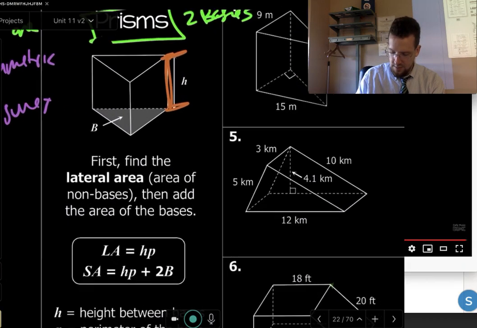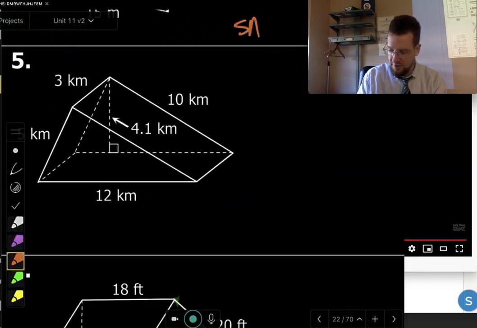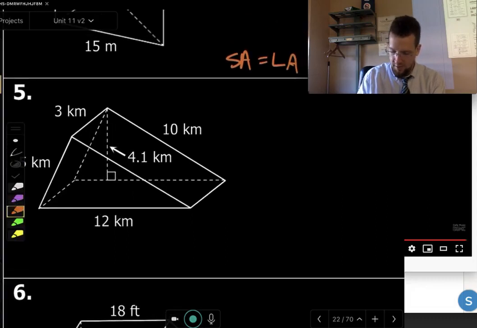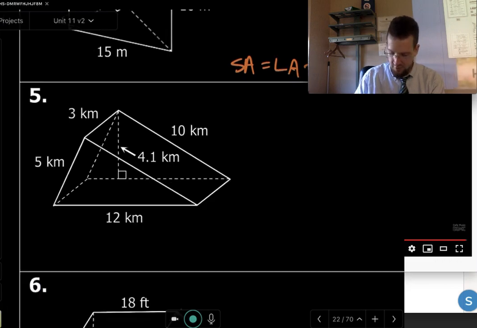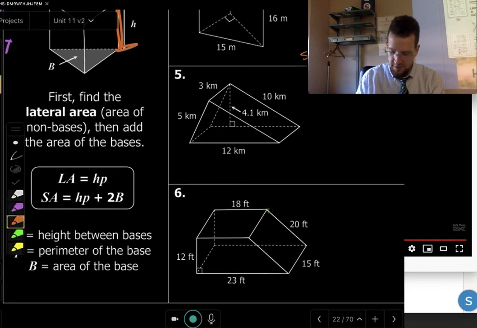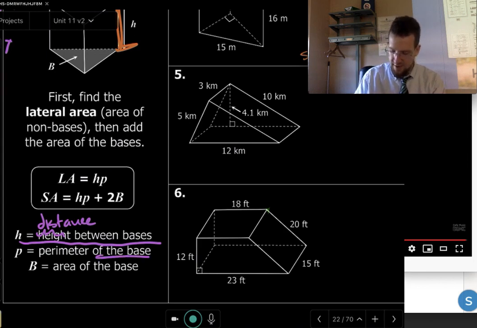So I'm going to do this one. We have the lateral area plus, there's two bases. The lateral area is the height of the figure, the distance between the bases, times P, the perimeter of the base, and B is the area of the base.